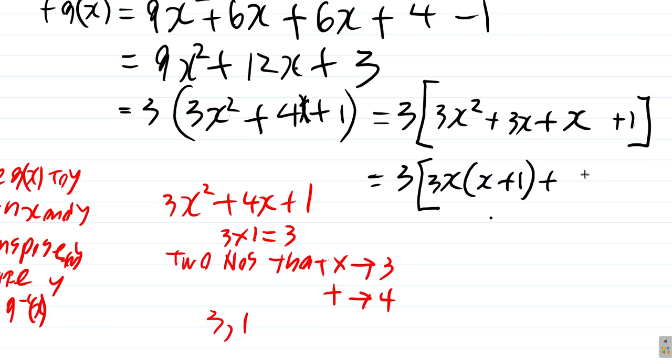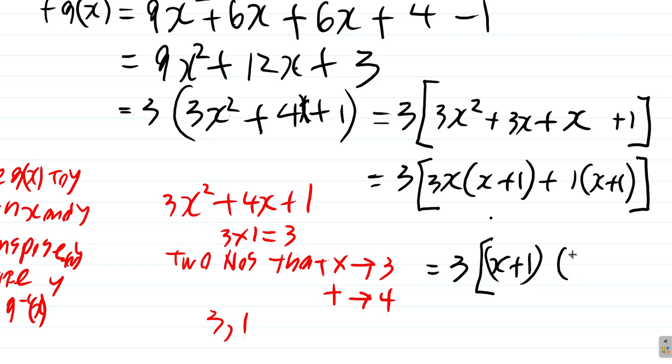Then the other part, it's only 1 here, you can factor out x plus 1. So what you have is, if you factor out the x plus 1, x plus 1 times 3x plus 1.